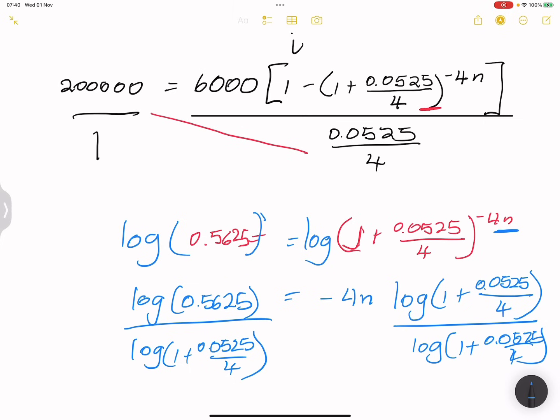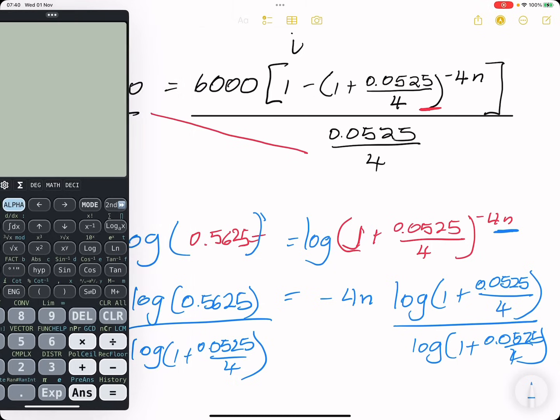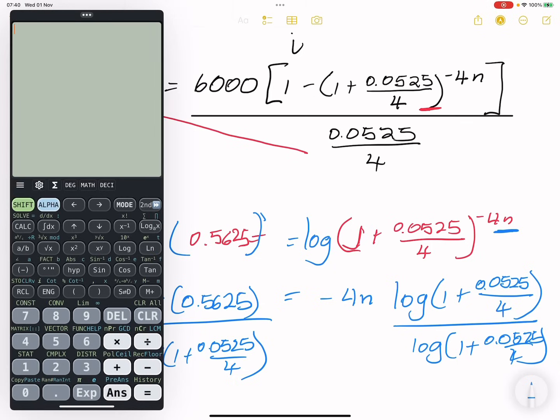I know this is a bit mathematically involving. So what I'm going to do is take the expression on my left-hand side, the log of 0.5625, and divide that by the log of 1 plus 0.0525 all over 4.